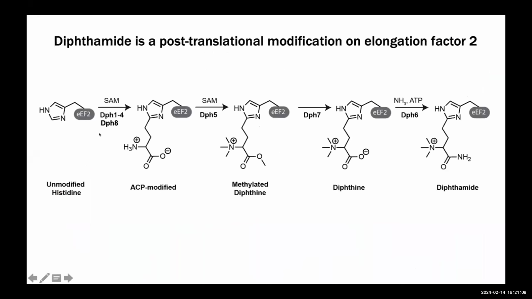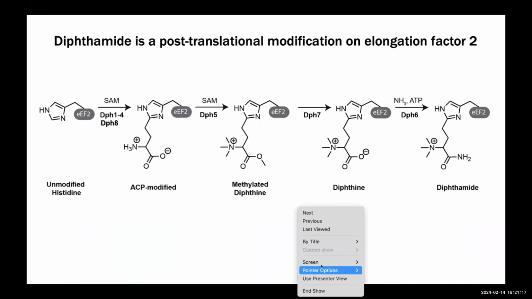So my research focuses on a unique post-translational modification called diphthamide. And diphthamide is known to only occur on one protein in the cell, elongation factor 2, which is the GTPase responsible for translocation of the ribosome during translation. And diphthamide is a pretty complex post-translational modification.